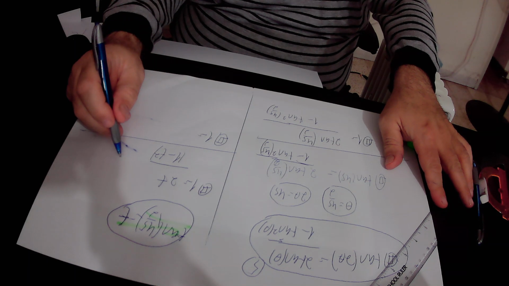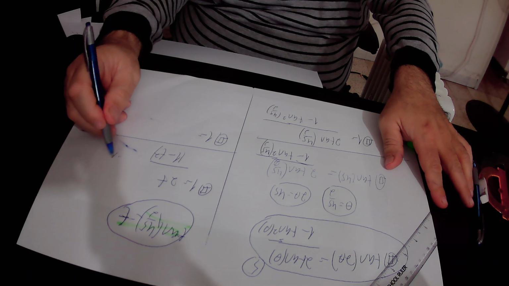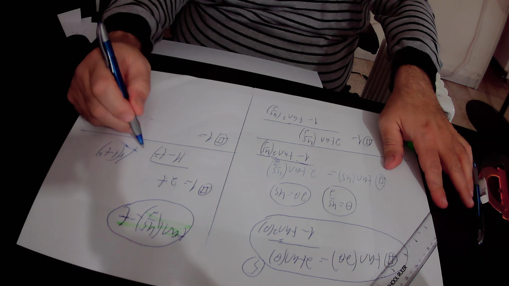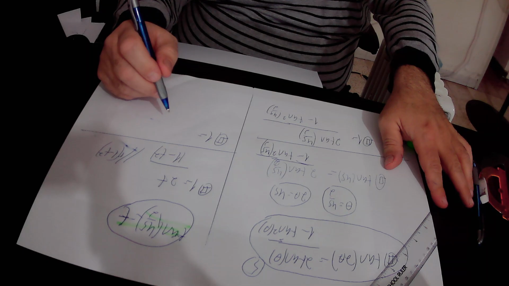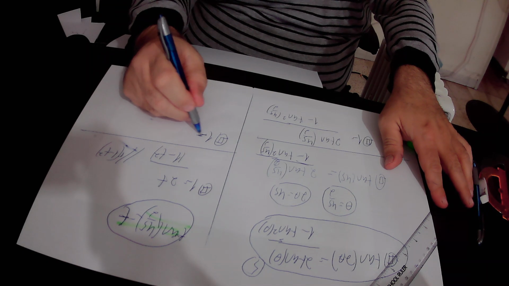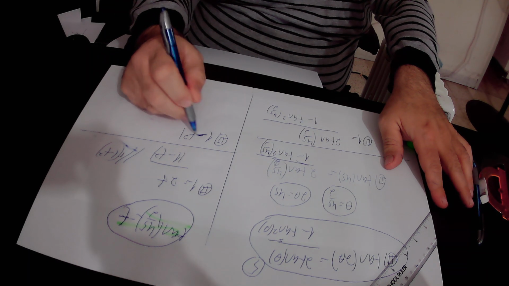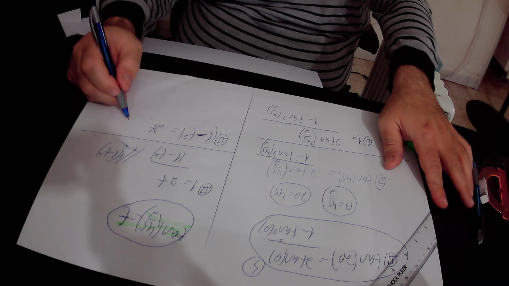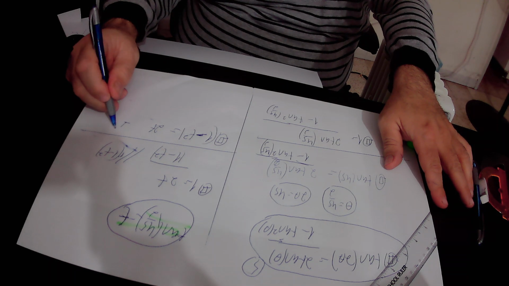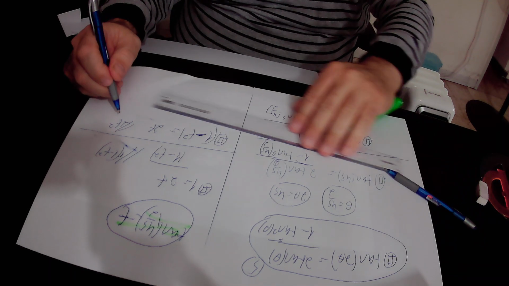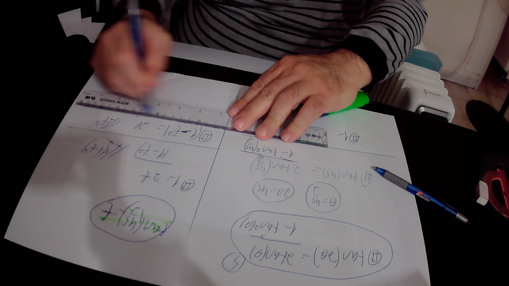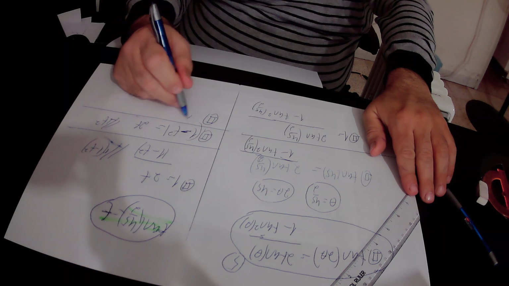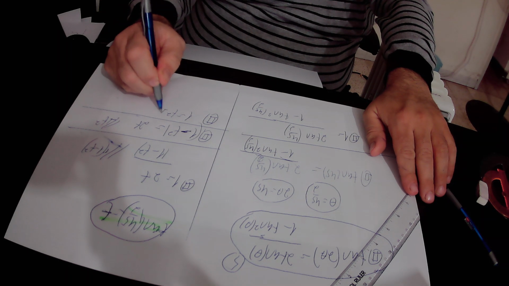Here we'll multiply this equation number 2 by 1 minus t squared, and we'll get that 1 minus t squared equals 2t. Here we'll add t squared to this equation, and we'll get that 1 equals t squared plus 2t.